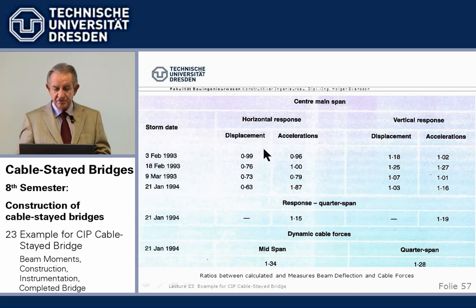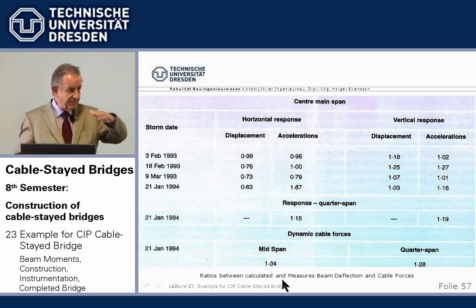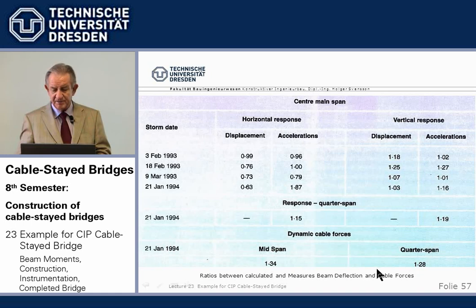The horizontal response of the beam was checked, and it's for these heavy storms here in the 90 region. The vertical response is about the same, with 25% difference between actual and measured wind reaction, which is very nice, close. And also the dynamic cable forces, also under these oscillating loads, were 25% higher than anticipated.